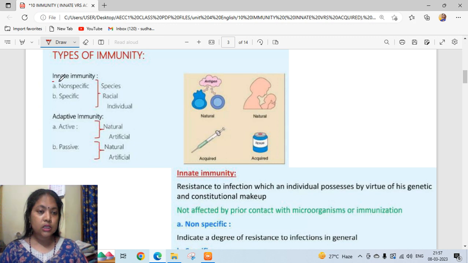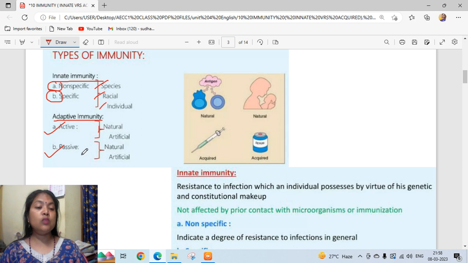Innate immunity is again divided into 2 types: non-specific and specific. Then special, racial, individual. Then adaptive immunity is active versus passive. Active can be acquired through natural or artificial ways, and we can also obtain passive immunity through natural or artificial ways.